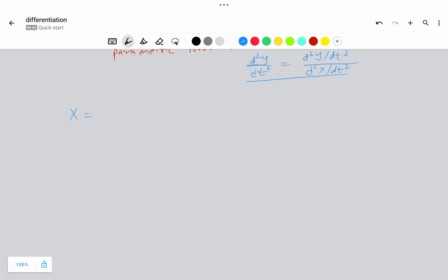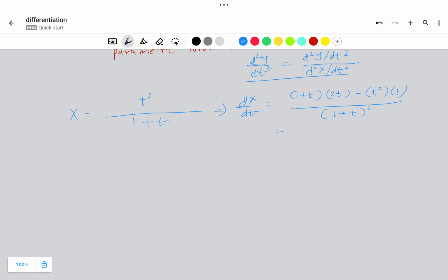Like x is equal to t square upon 1 plus t. So our dx by dt would be the denominator square, and then the denominator as it is, derivative of numerator 2t, minus numerator as it is, derivative of denominator which is 1.